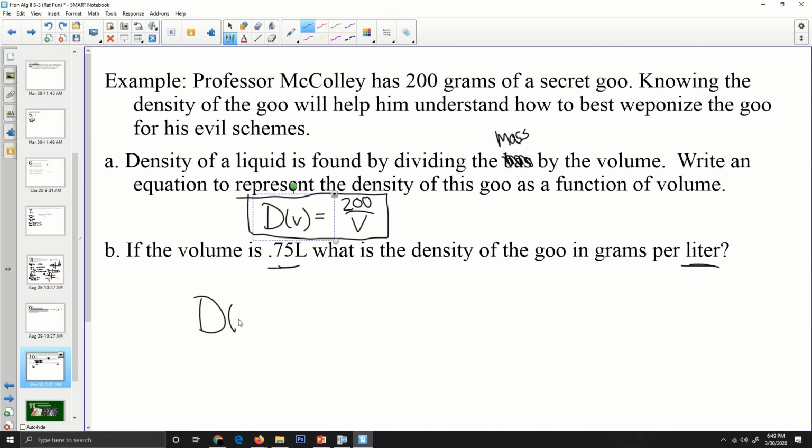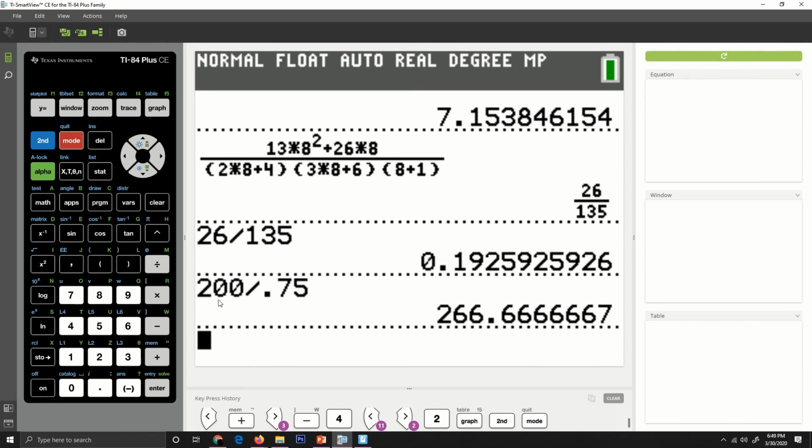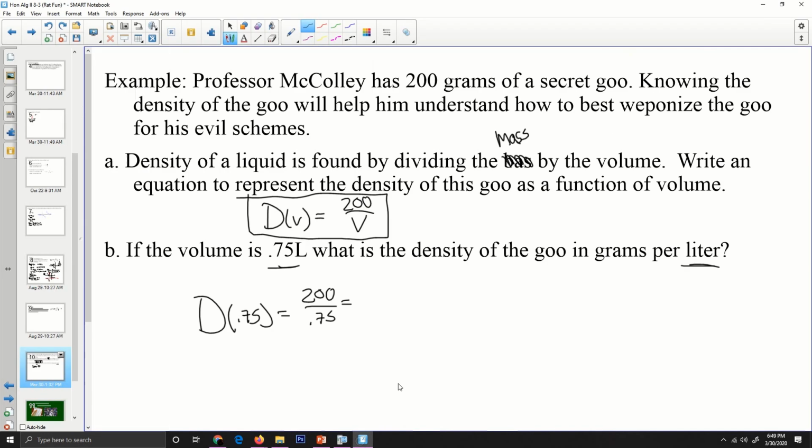D of 0.75 is equal to 200 over 0.75. 200 divided by 0.75 is 266.667 grams per liter.